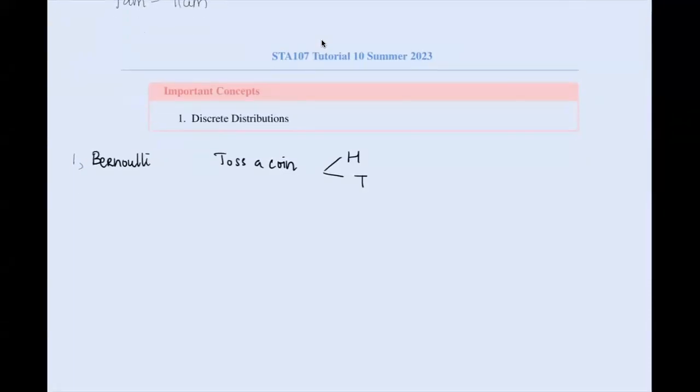So in that case, there are only two possible outcomes, head or tail. And let X denote the outcome when tossing a coin. We say that X follows a Bernoulli distribution.